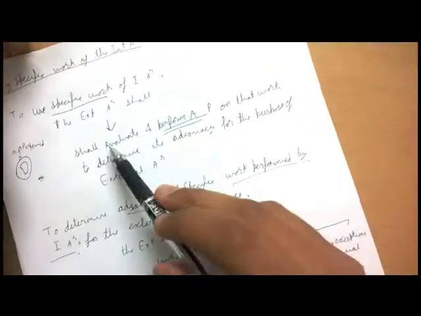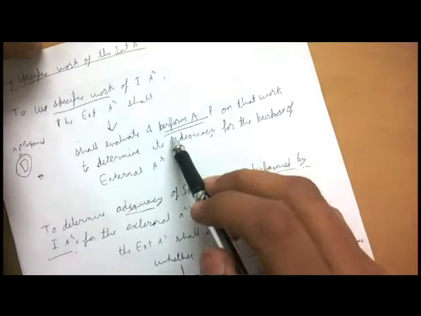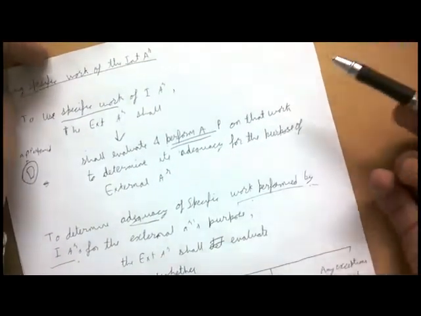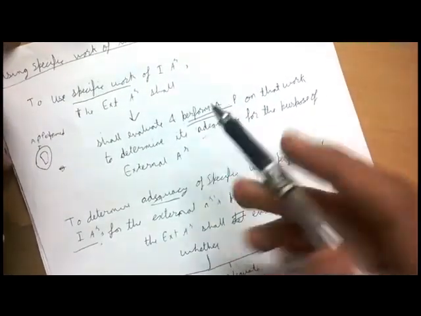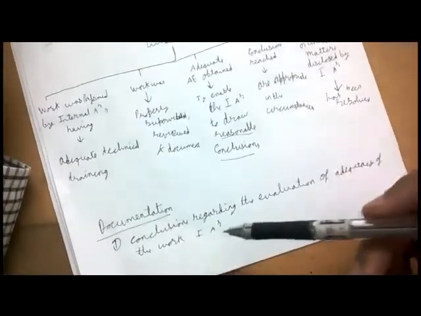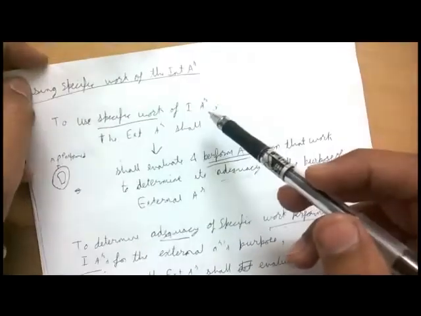Now, over here we are performing some audit procedures. He shall evaluate and perform audit procedures on that work, the work which has been performed by the internal auditor, to determine the adequacy. So we have already determined the adequacy and documented whether it is adequate or not. Now we are going to document the audit procedures which we have performed.